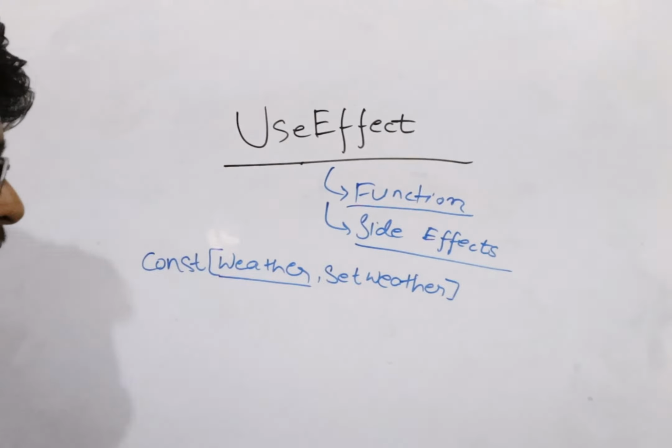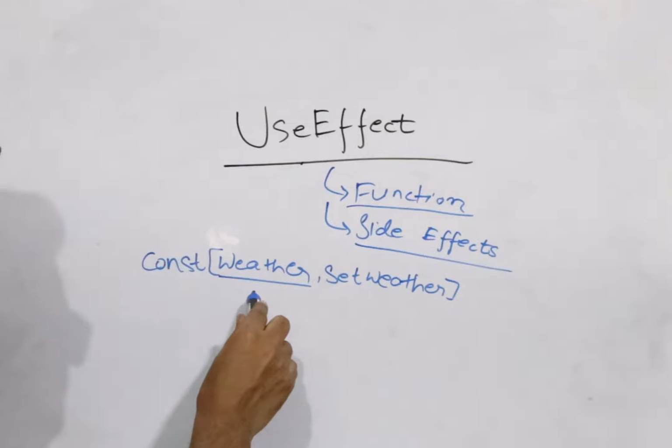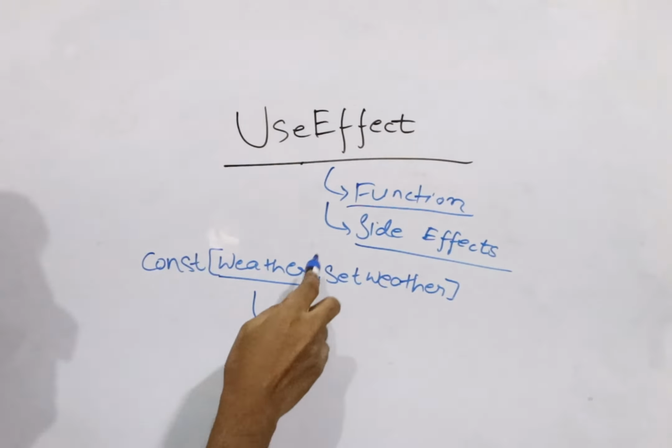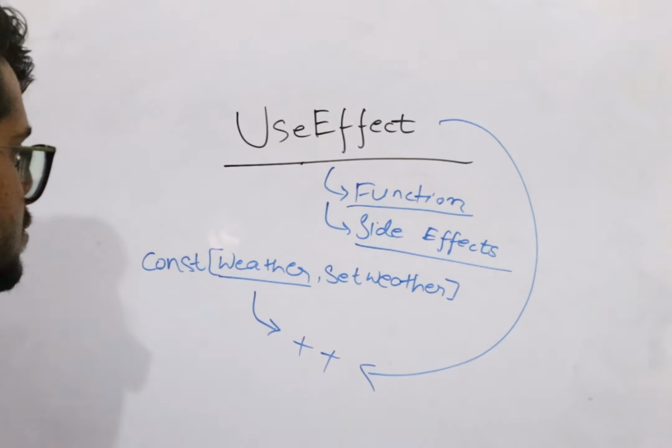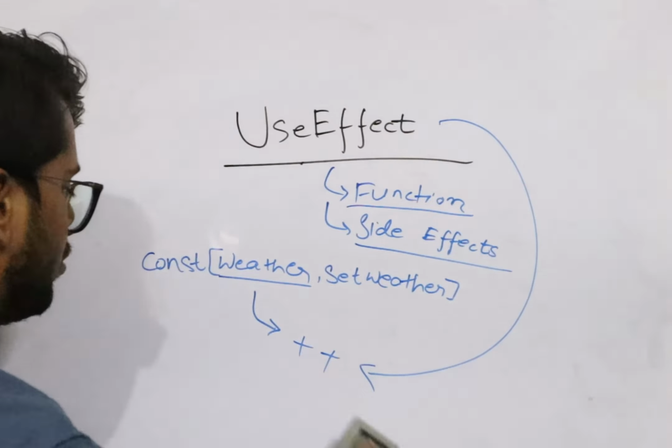For example, if weather changes from summer to winter, we start to wear wintry clothes like sweaters or jackets. Similarly, when a state changes in React, this useEffect hook can be triggered. That is why we use the useEffect hook.